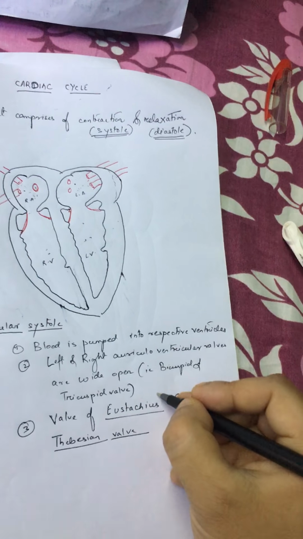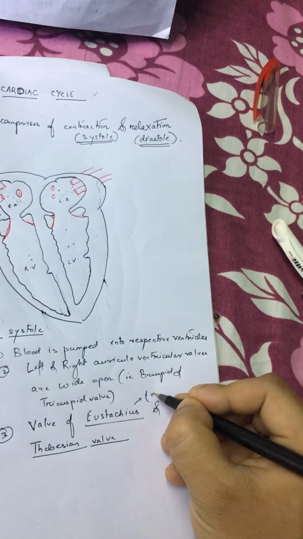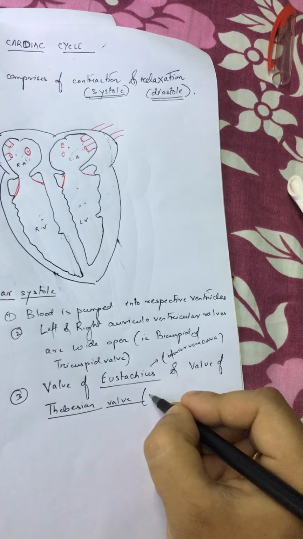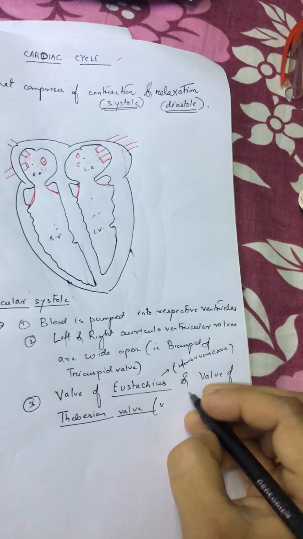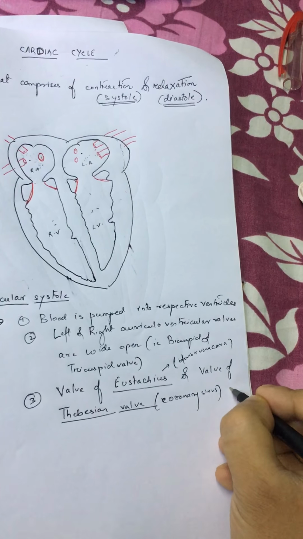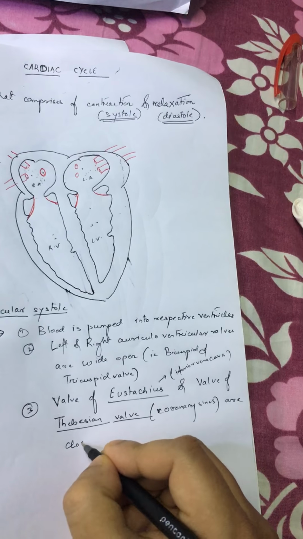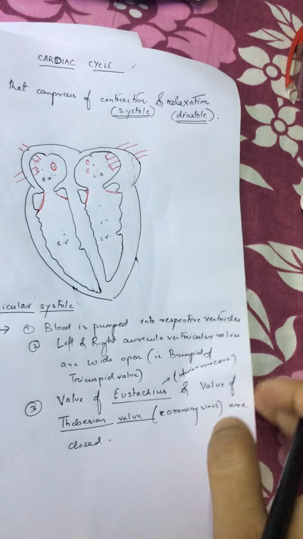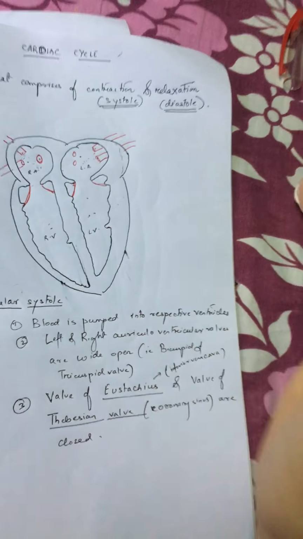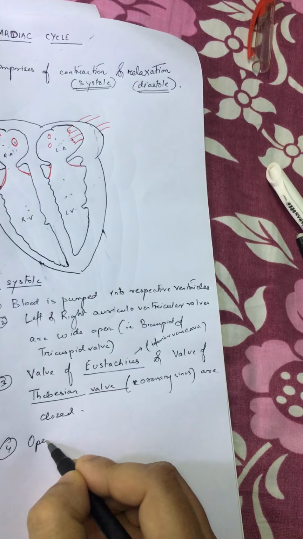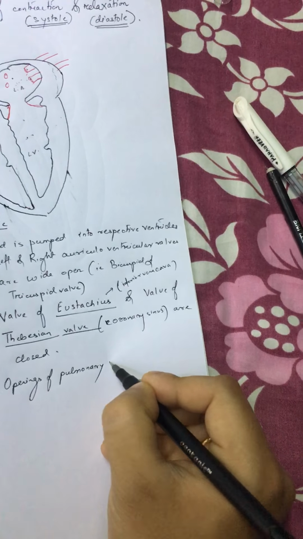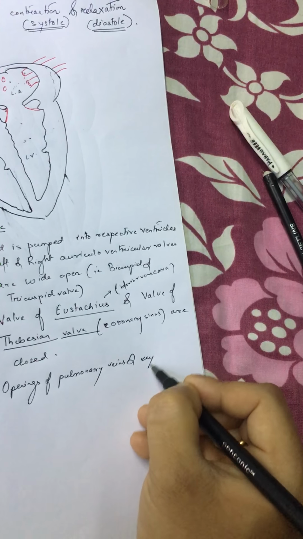So the valve of Eustachius of the inferior vena cava and the Thebesian valve of the coronary sinus are closed, and the openings of the pulmonary veins and the superior vena cava will also be closed, right?